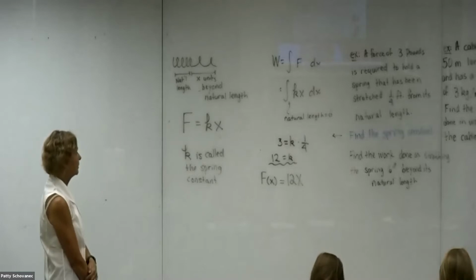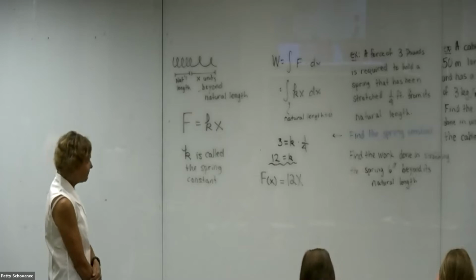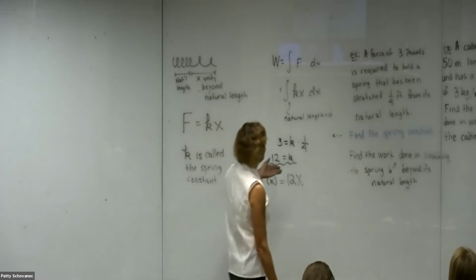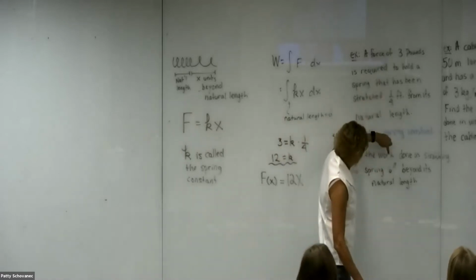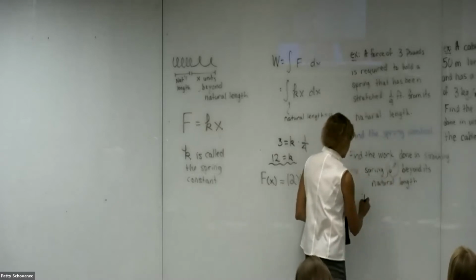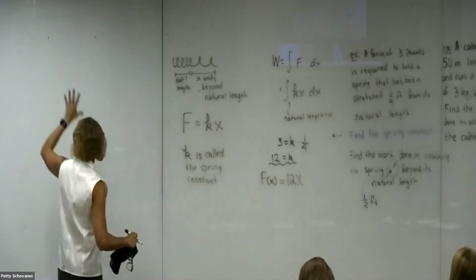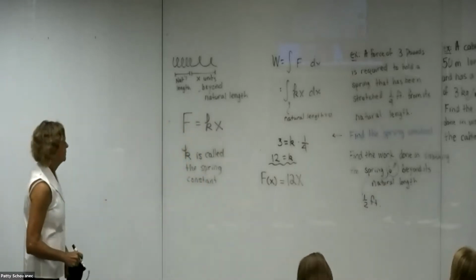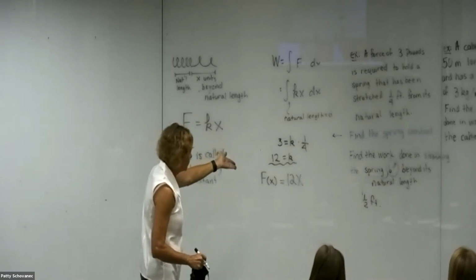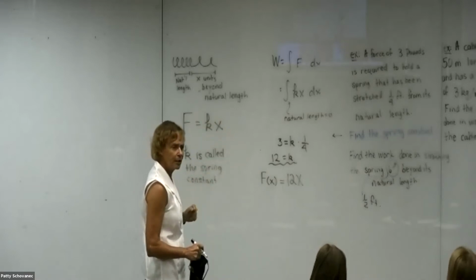Now we can do the second part: find the work done in stretching the spring 1/2 foot beyond its natural length. We want our units to agree. Our work units are going to be foot-pounds, so convert 6 inches to 1/2 foot. The work done should be the integral of the force times dx over the distance beyond its natural length.